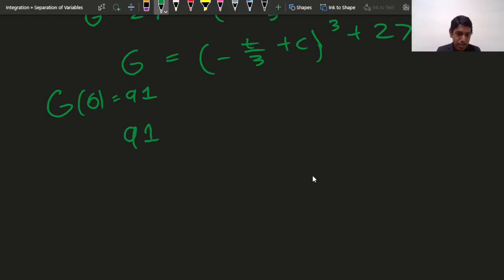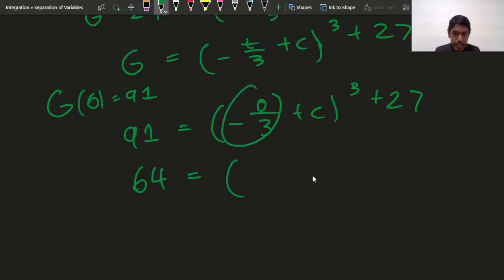It's 91, and then minus 0 over 3 plus C cubed plus 27. Okay, so first let's subtract 27, and you should get 64, and then that would just be a 0, so we just write C cubed.